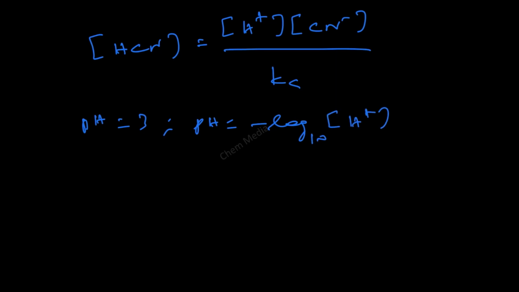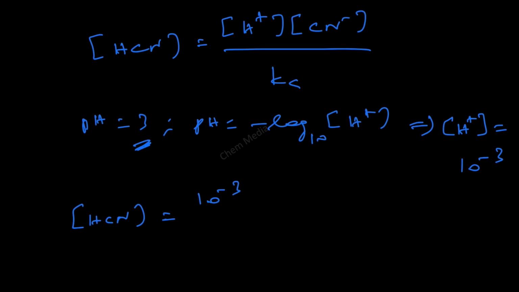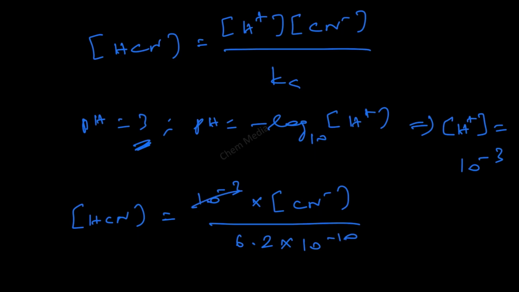So therefore, H plus ion concentration in this case has to be 10 to the power minus 3, isn't it? Otherwise we can't get the pH value 3. So therefore, concentration of HCN is equal to 10 to the power minus 3 times concentration of CN minus divided by 6.2 times 10 to the power minus 10. So, this would become 10 to the power minus 7.